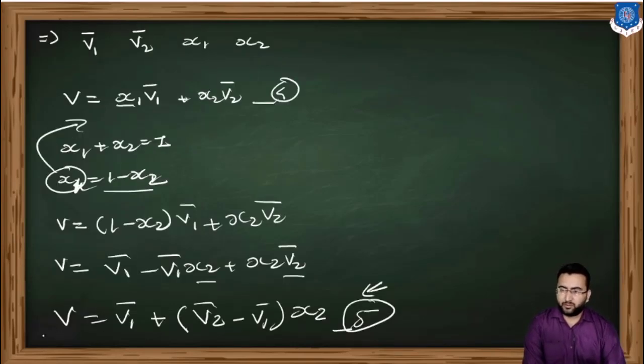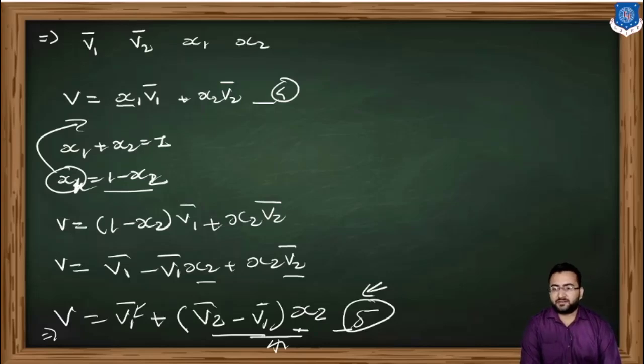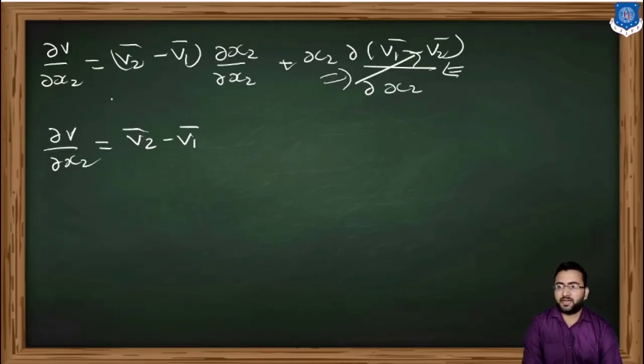If we differentiate this equation with respect to x2, it becomes del V upon del x2. Then this term becomes 0 because the differentiation of a constant is 0. Then we apply the multiplication rule: the first term is constant times the differentiation of the second, plus the second term constant times the differentiation of the first. This term becomes 0 because it is a constant.